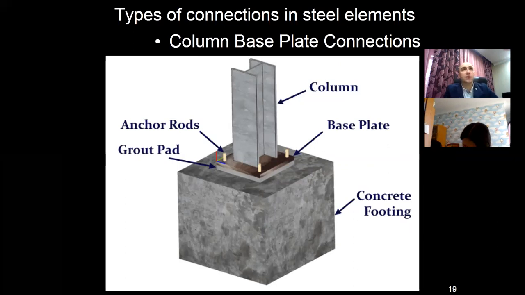It is a popular type of connection for industrial buildings, for cellar beams, and for buildings and structures with a large span, without any walls or vertical constructions, just space construction. When there is space construction, this connection can be applied.